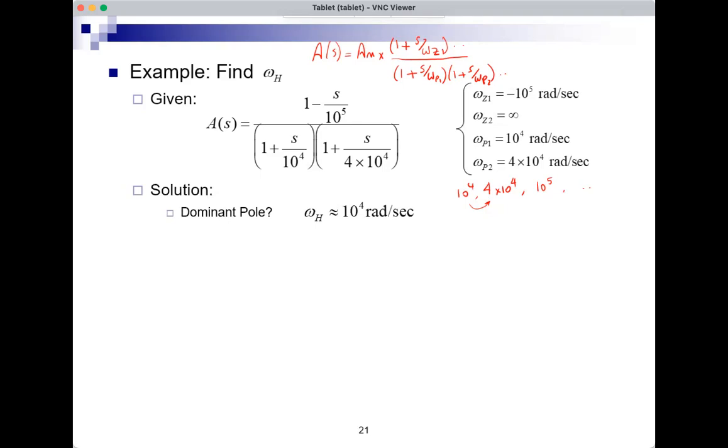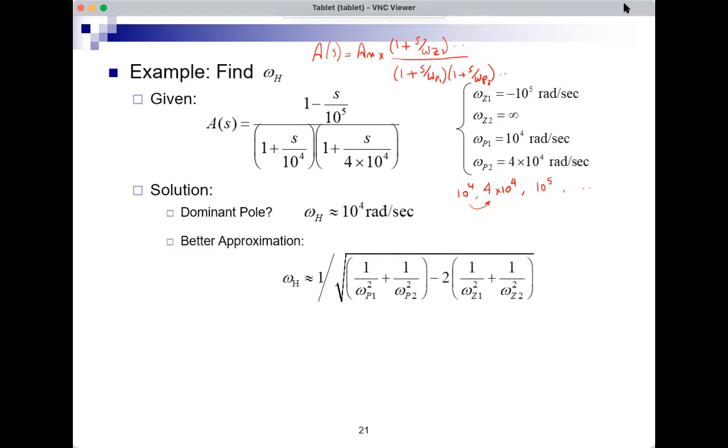If I want a better approximation, I can use the square root of the inverse of the squares formula, which gives me omega h in terms of all the critical frequencies.